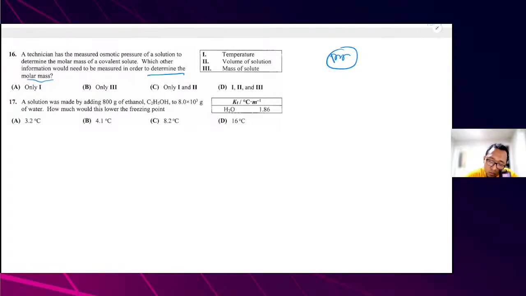Is the measure osmotic pressure. So we have information about P, the pressure.